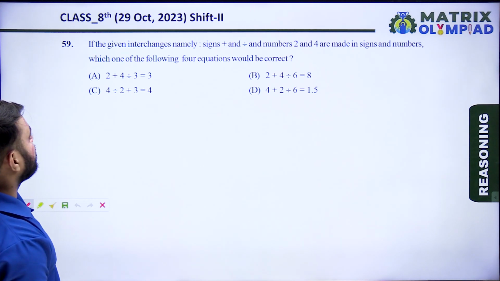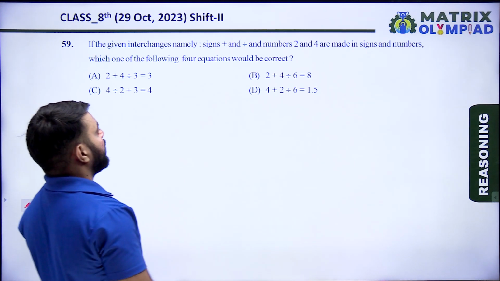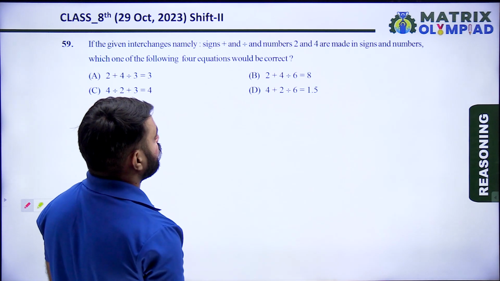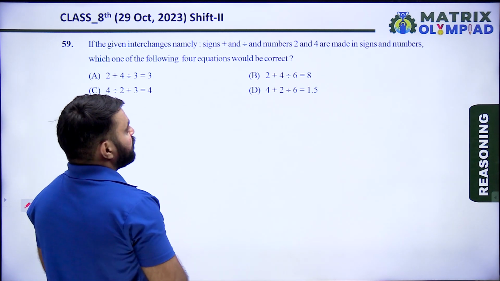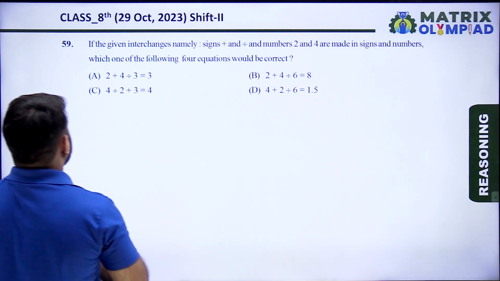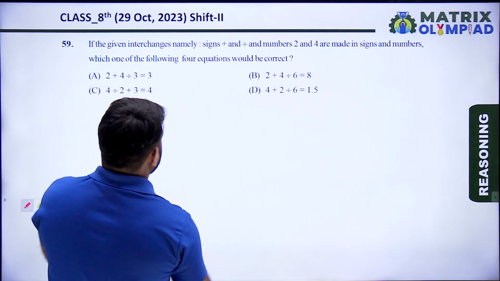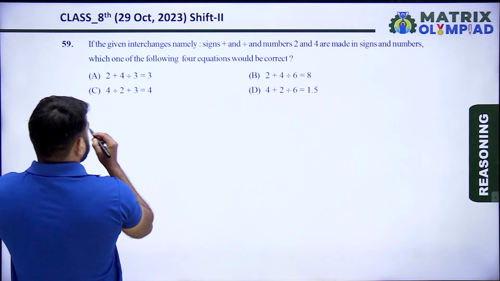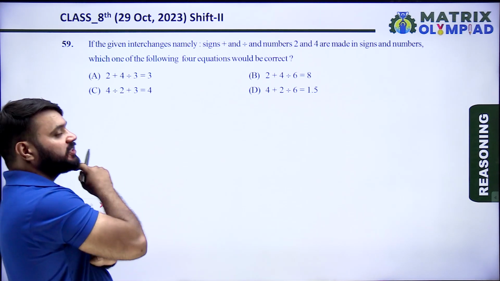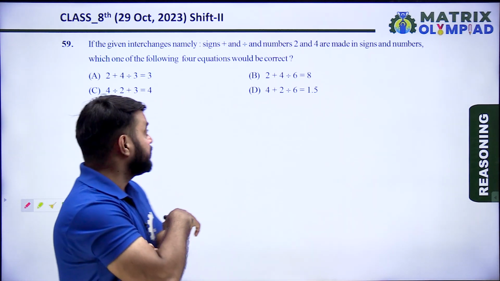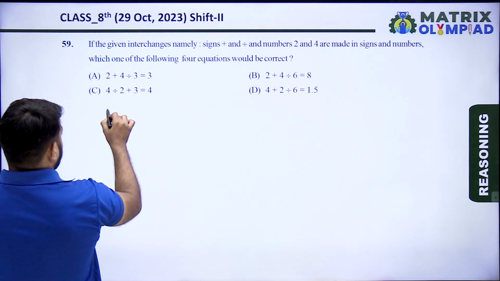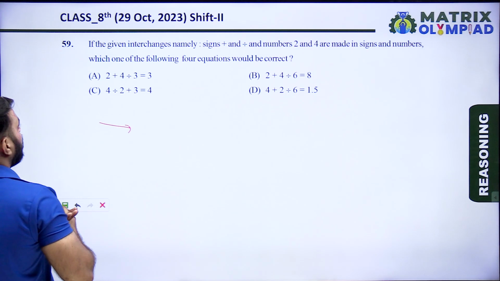If the given signs, namely plus and divide, and numbers 2 and 4 are interchanged, which one of the following four equations would be correct? So options are taken one by one, and let's see which one will follow correctly.